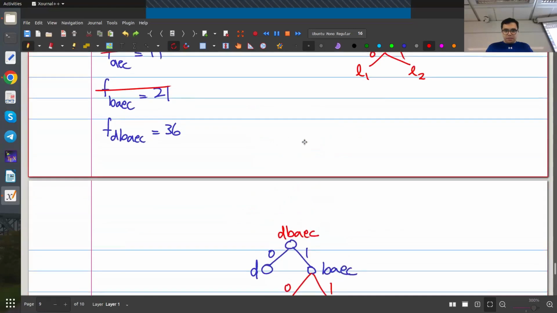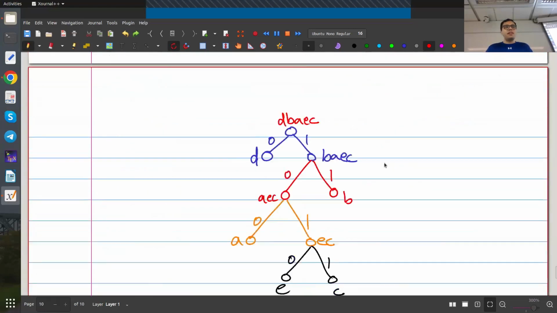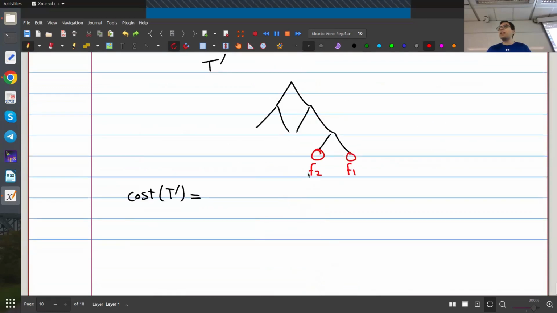My algorithm would just merge these two leaves into one new letter. My algorithm would just merge F1 and F2 into a new letter that had frequency F1 plus F2, right? So let's say that I put that letter here, right? And then I look at this tree.